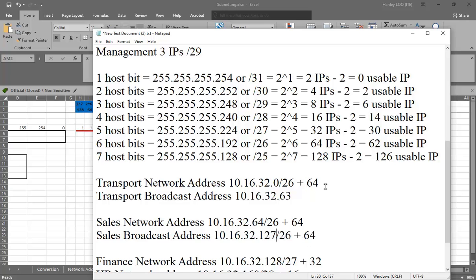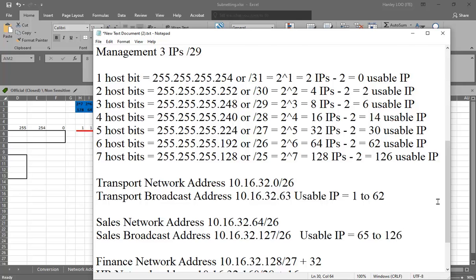And since we have our network address and our broadcast address, we will be able to determine the range of usable IPs. In this case, for the transport department it will be from 1 all the way to 62, because network address plus 1 and broadcast address minus 1. And for the sales department, the usable IPs will be from 65 all the way to 126.